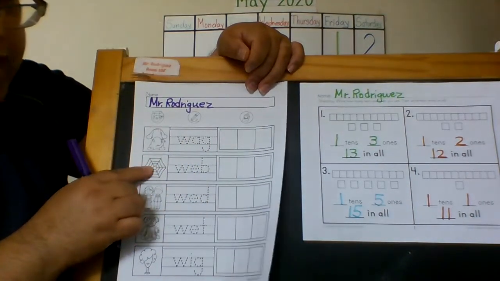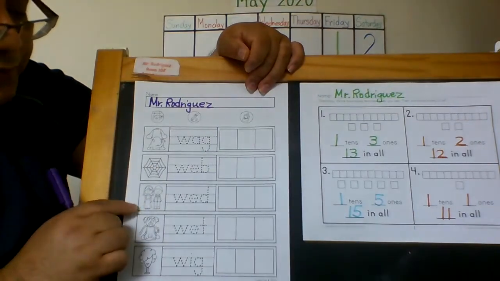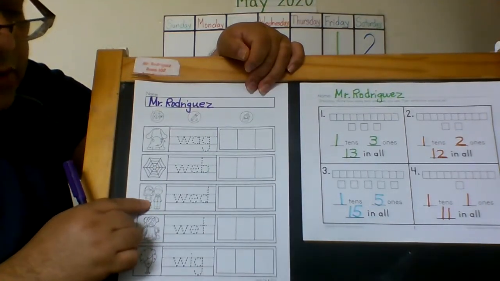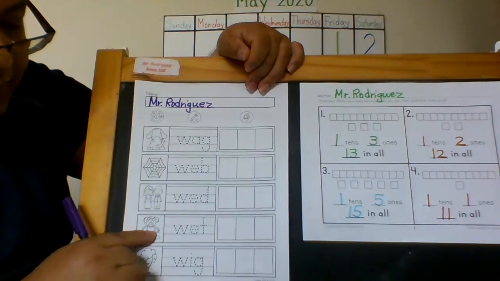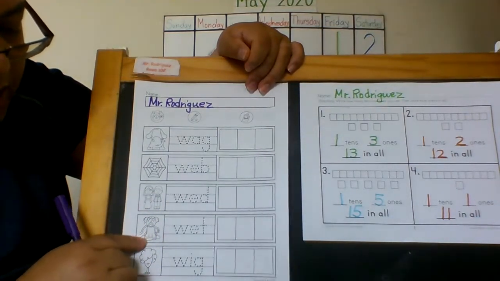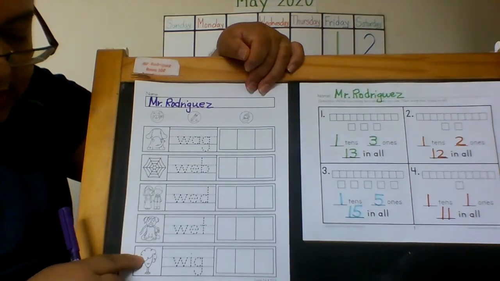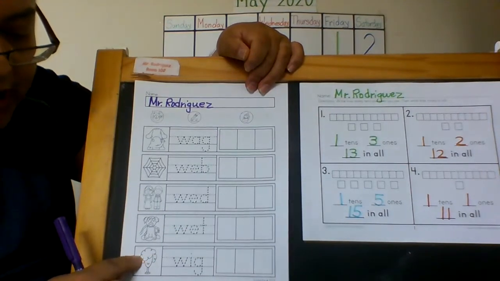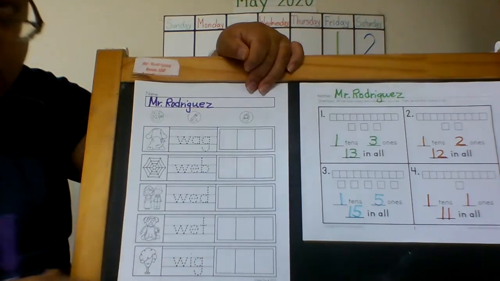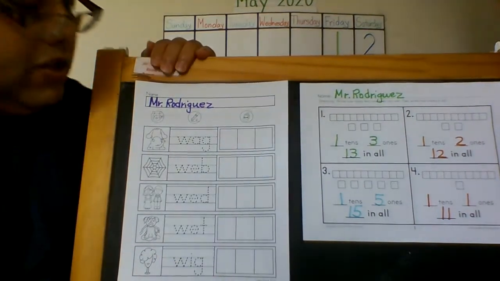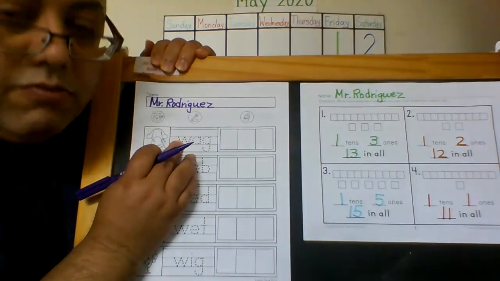This is a spider web, so I call it web. If a woman and a man get married, it's called wed. If your dog is wet, it's called wet. And some people borrow a wig to wear on their head. Okay? So, let's go and trace the word wag.